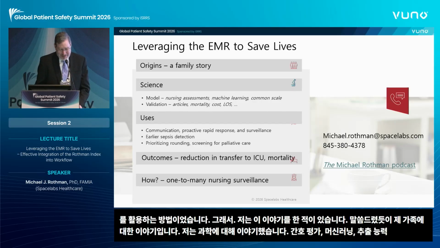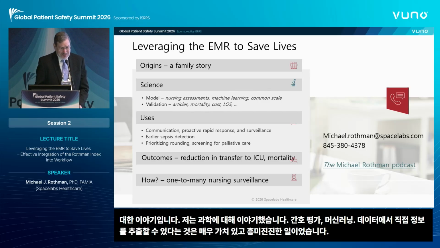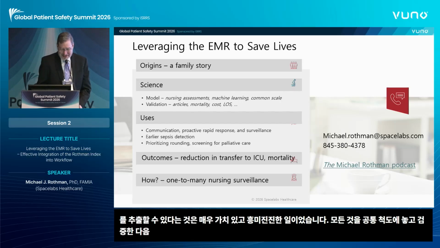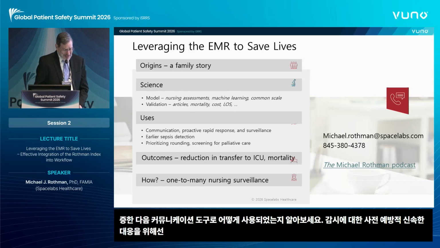Putting everything on a common scale, how we validated it, and then how it's been used as a communication tool for proactive rapid response, for surveillance. It's used for sepsis detection, and I agree with several of the speakers talking about sepsis.